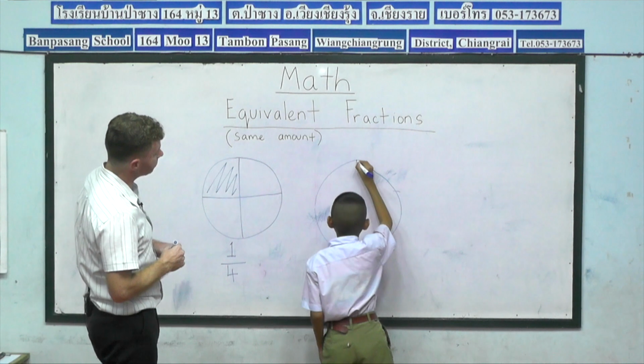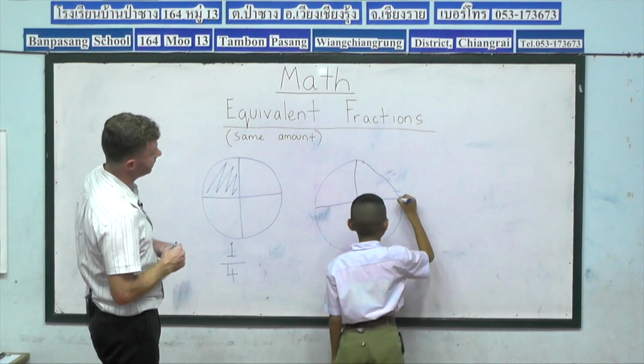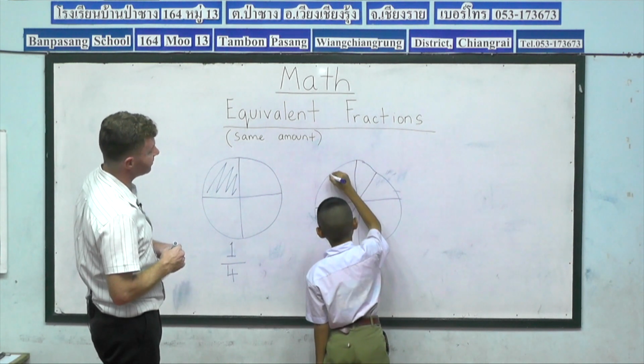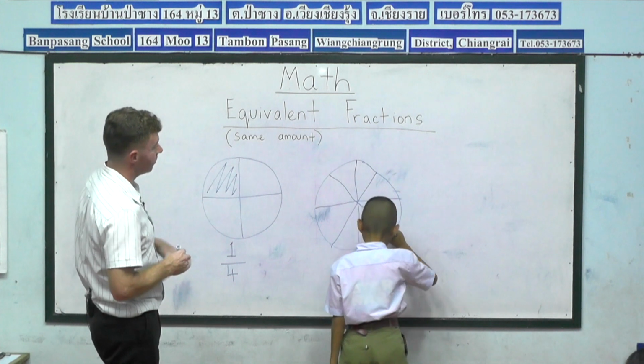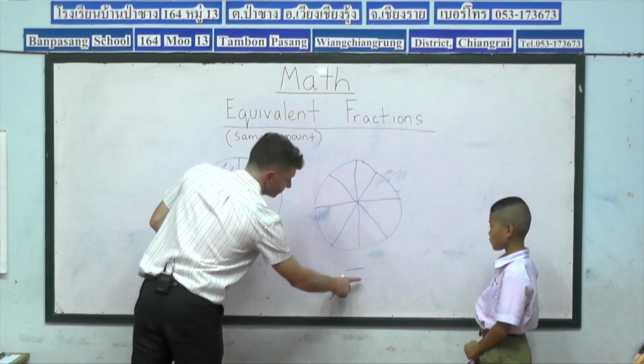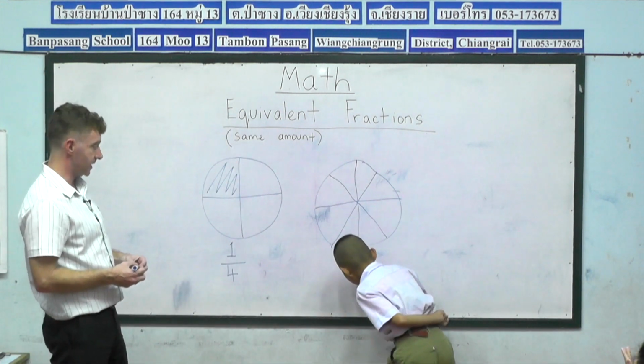So we've got 2, 4, 6, and then 8. Okay, excellent, Pangpon. So now, because we've got 8 parts, our denominator can be 8. Yes.